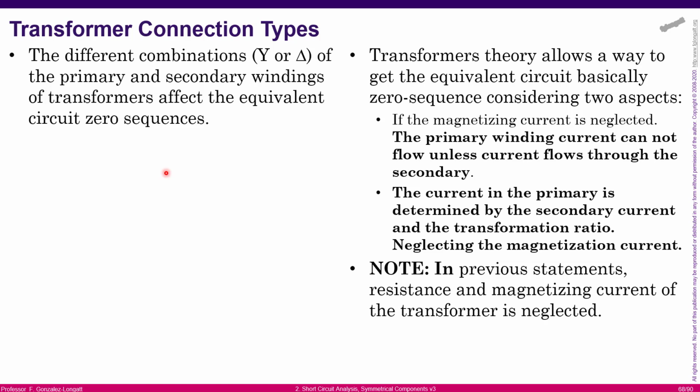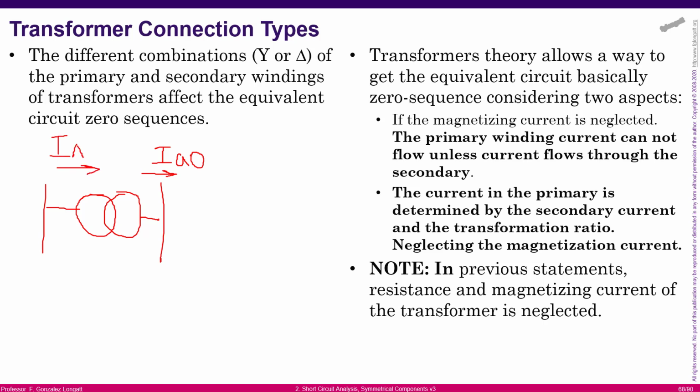And what you need to understand is, in any two winding transformer, you can imagine here with my ugly handwriting, if the zero sequence can move on this side of the transformer, it is because it's allowed to move also on the other side of the transformer, okay? That is a basic rule.